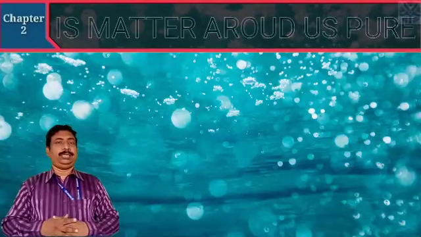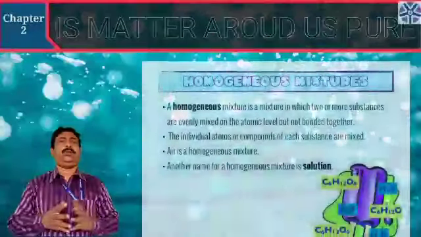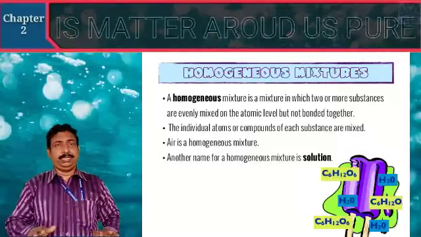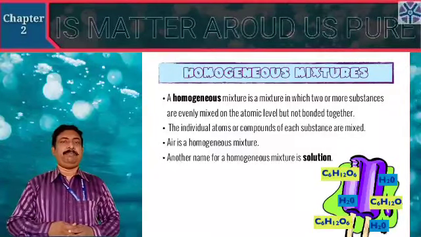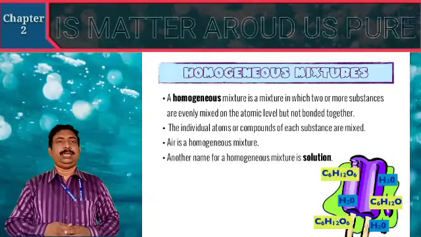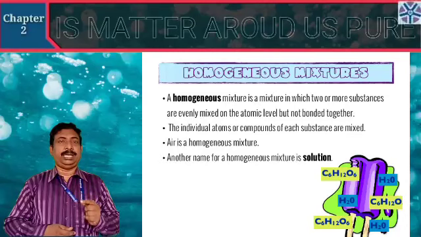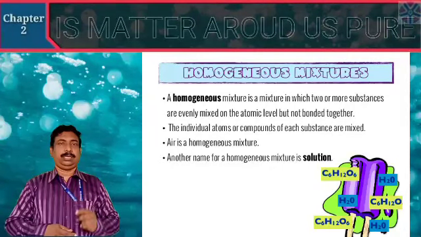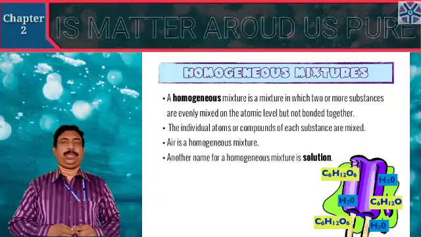Now, we are going to discuss homogeneous mixture. What is a homogeneous mixture? Just now we have seen it's completely dissolved and unable to be separated by simple filtration methods, so we call it a homogeneous mixture. A homogeneous mixture is also called a solution.